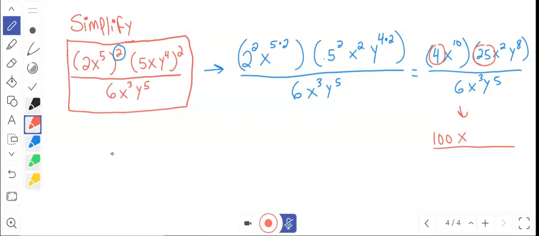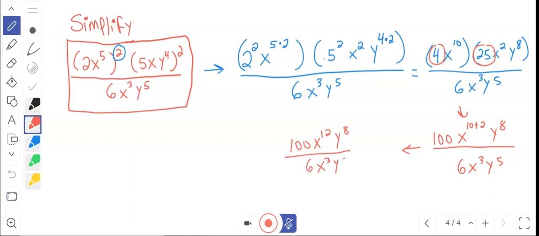So 10 plus 2 is 12, so it's x to the 12th power, y to the 8th, over 6x to the third y to the fifth. You keep the bottom denominator as it is for now.